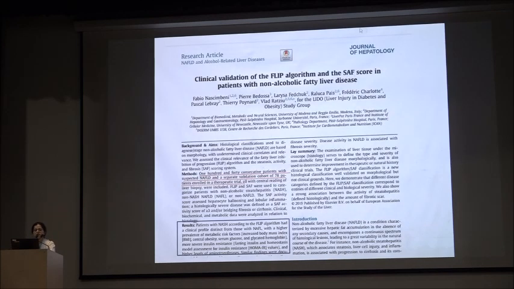This is another study which covered validation of the FLIP algorithm and SAF score. It was published on behalf of EASL in 2020. In this, 140 consecutive patients with suspected MAFLD and a separate validation cohort of 78 patients who were enrolled in different therapeutic trials were assessed.